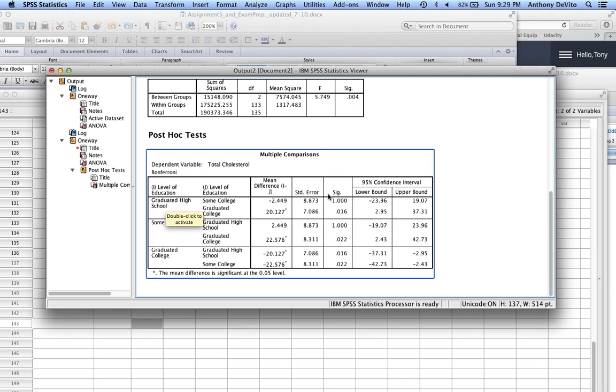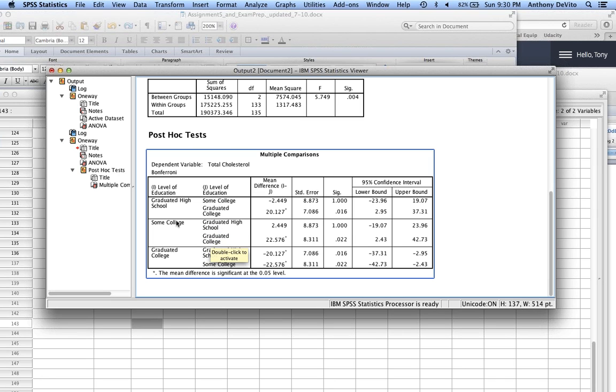Graduated high school versus some college, that's not a significant result. How about graduated high school versus graduated college? Well, yes, that is a significant result. It's less than 0.05. So it looks like we can reject the null hypothesis for graduated high school versus graduated college. In other words, there is a difference in the mean cholesterol between people that just graduated high school with no college and those who graduated college.